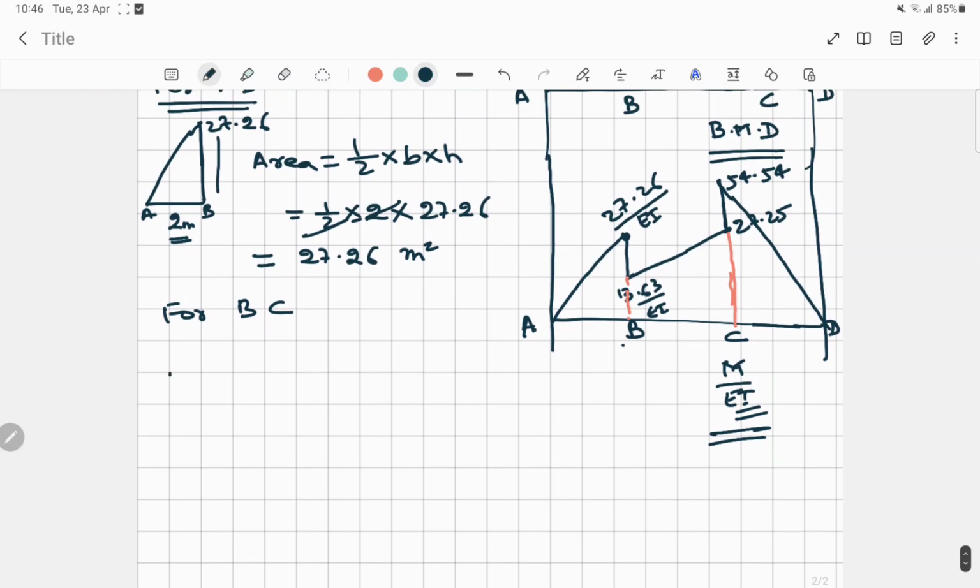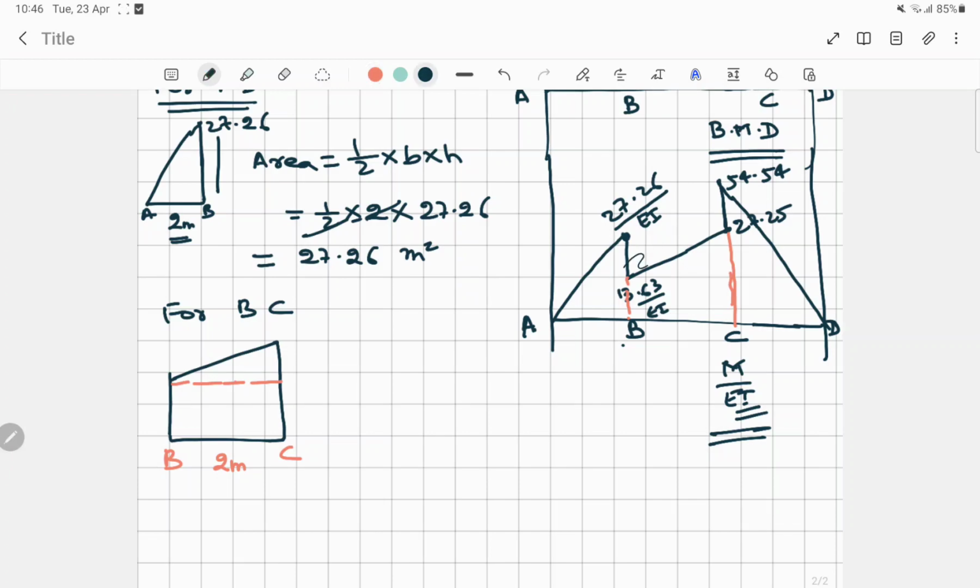Now again we'll solve for B to C, and our diagram is like this. For this case we'll divide this into two parts. B to C is also 2 meter distance.